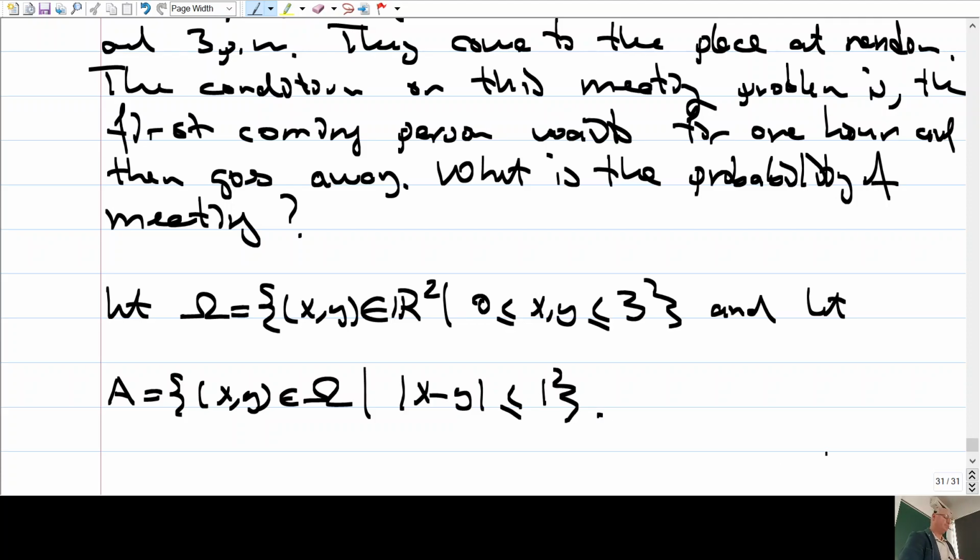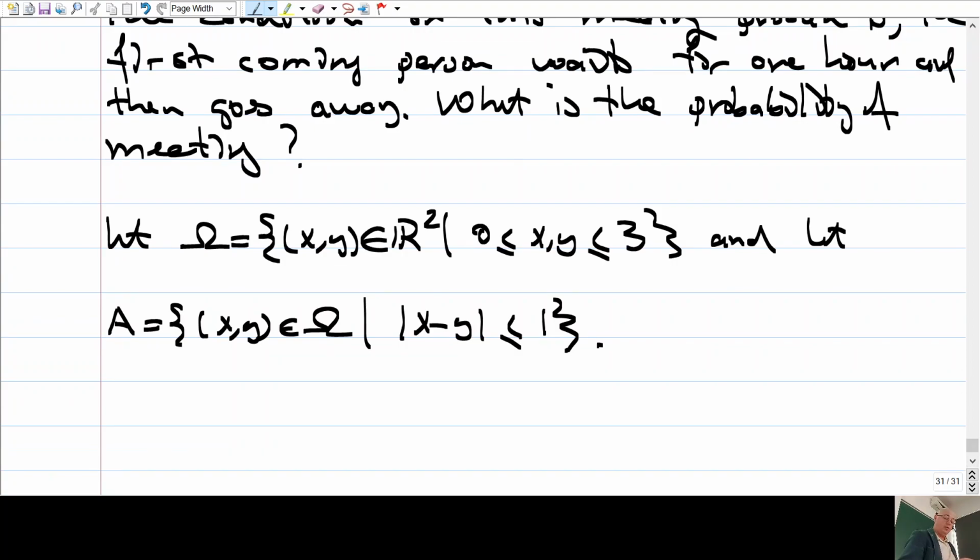Okay. So then what is asked is the measure of A compared to the measure of omega, right? How big A is inside omega. That's what we are asked.